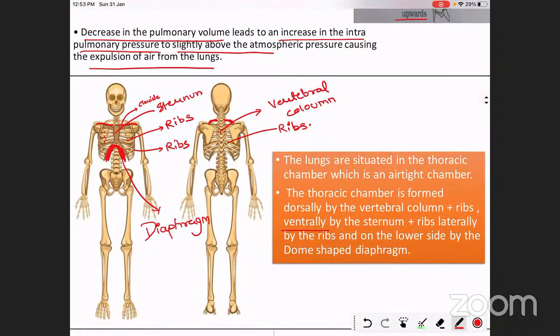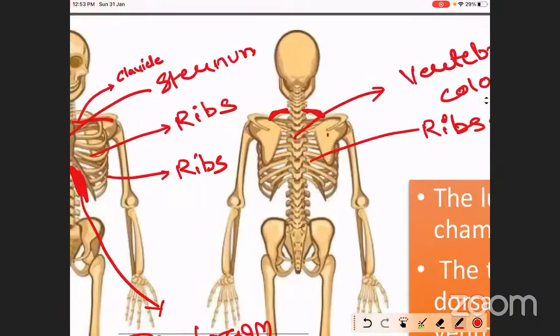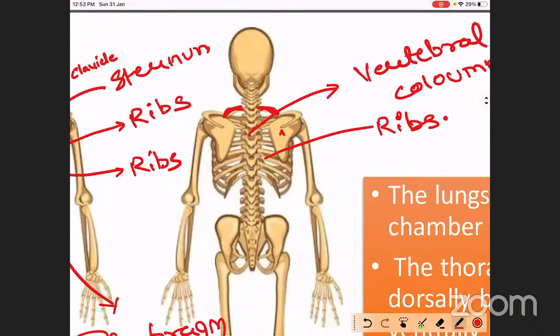Can anyone tell me why this bone? I am highlighting the bone. These bones are present dorsally; you can see them. Why are they not included in the thoracic chamber, in the thoracic cavity?